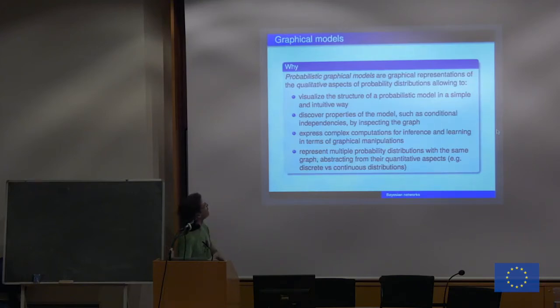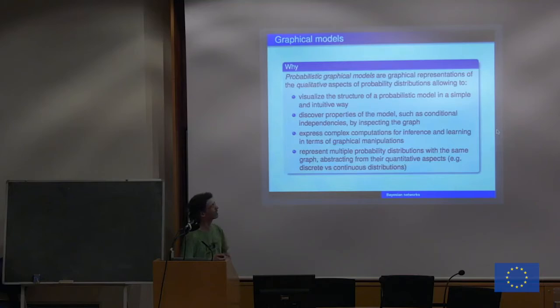And then it also allows you to decouple the qualitative structure of the relationships, okay, whether two variables are related with each other or not, from the quantitative aspects, which is more like probability distributions, conditional distributions, and so on, okay?